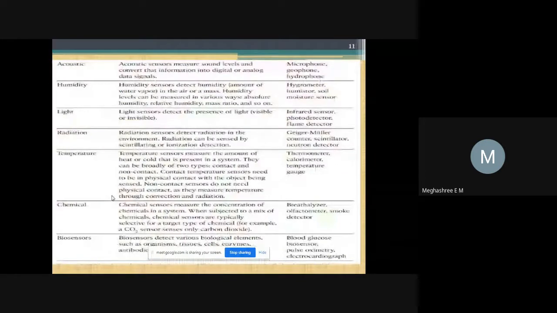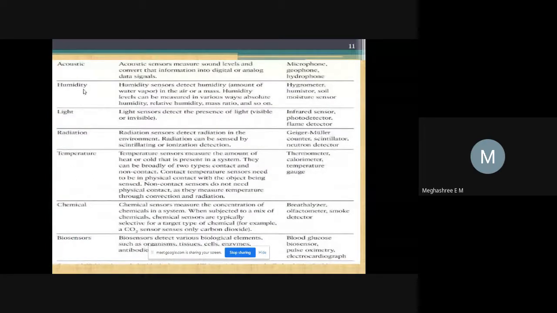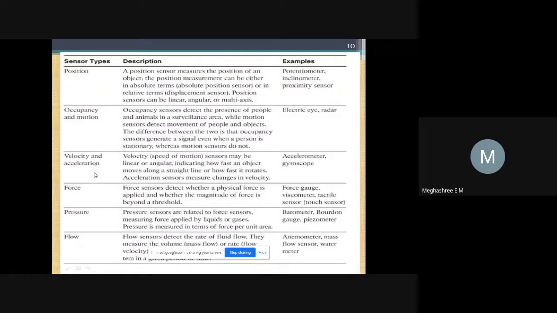So many types are given here. You can go through it. Then pressure, flow, acoustic, humidity, light, radiation, temperature, chemical, biosensors. So these are the different types of sensors that are used in the market or in different applications or in different fields.